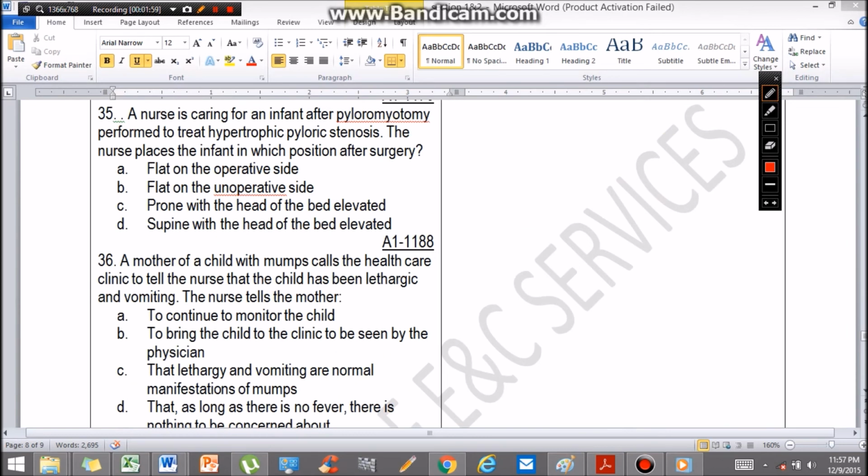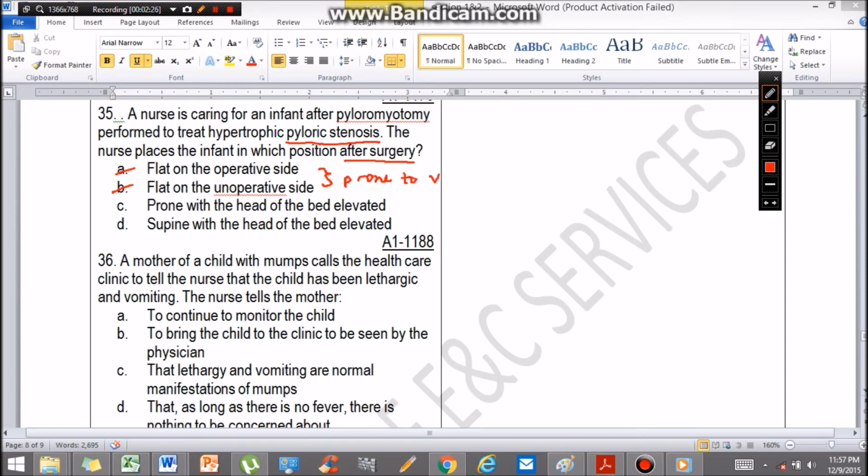Number 35. A nurse cares for an infant after pyloromyotomy performed to treat hypertrophic pyloric stenosis. The nurse places the infant in which position after surgery? Now, the client has a history of pyloric stenosis, and the client has just had a surgery. So let's eliminate A and B because remember that this client is still prone to what?